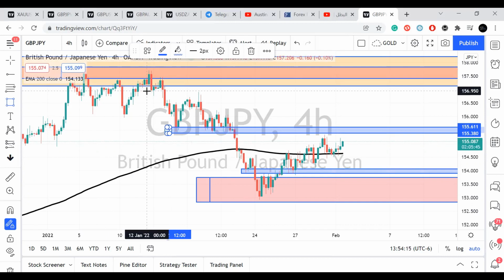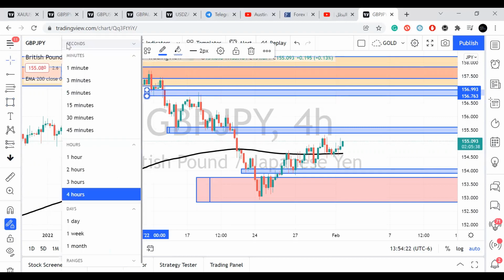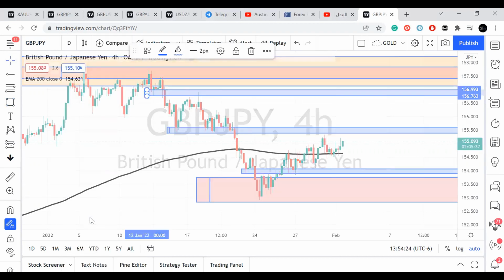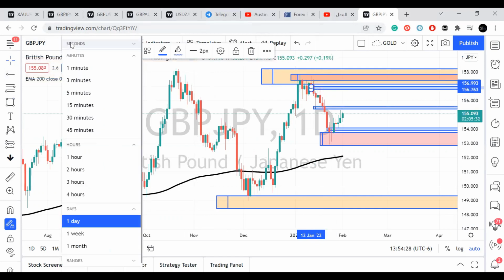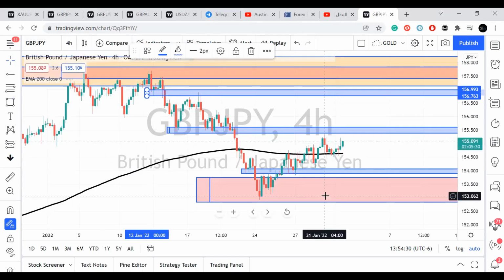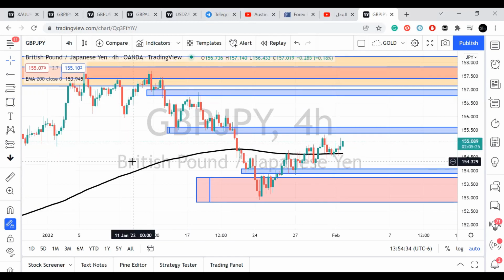This is the high. And the same thing here. I'm going to adjust this. Okay, I think it's okay. So this is what we're having on GBPJPY.